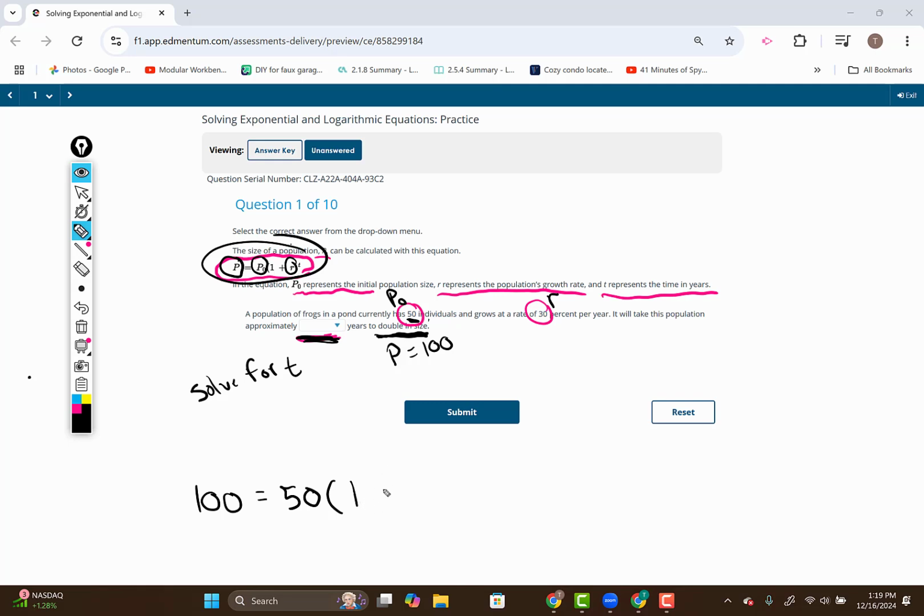1 plus the rate, which is 0.30. Don't forget to take 30%, divide it by 100, and that's equivalent to 0.30. We're raising that to the T power. So first off, to solve for T, of course we could work this backwards.